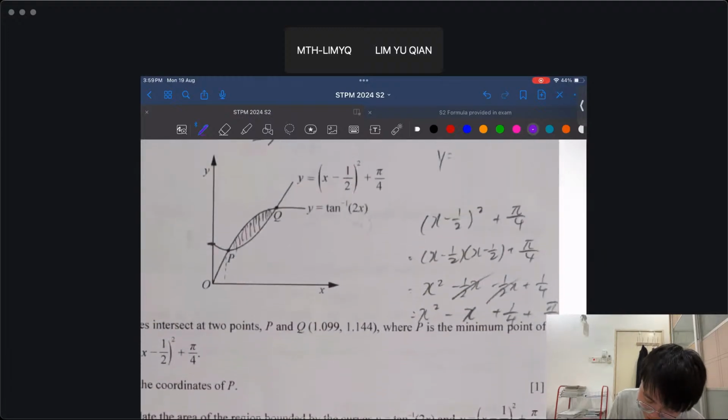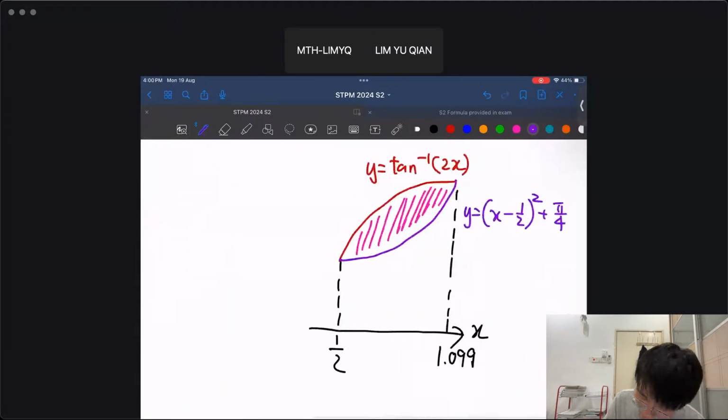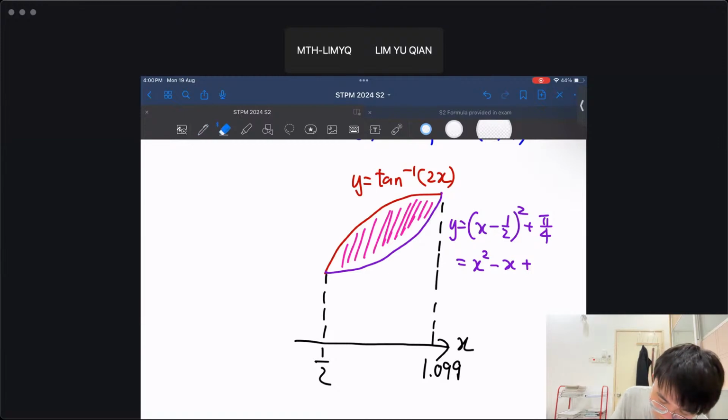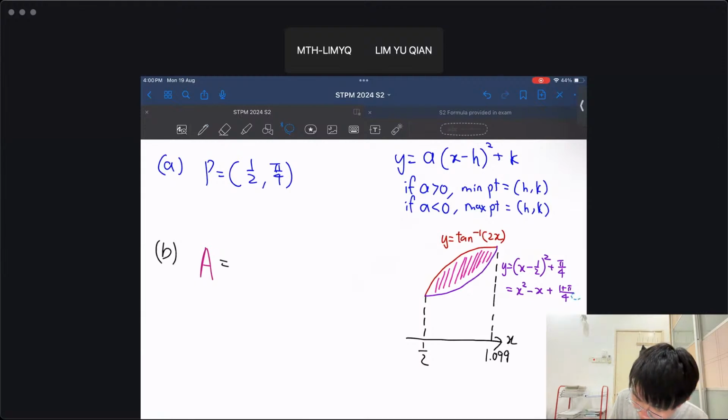Normally if you put something like this, of course you can use the power rule, but I personally prefer to expand it one by one. So 1 over 2 multiplied by 2 should be x only, plus 1 over 4, plus pi over 4. Or if you want to combine these two because they have a common 4, 1 plus pi over 4 should be okay also. Easier to integrate.